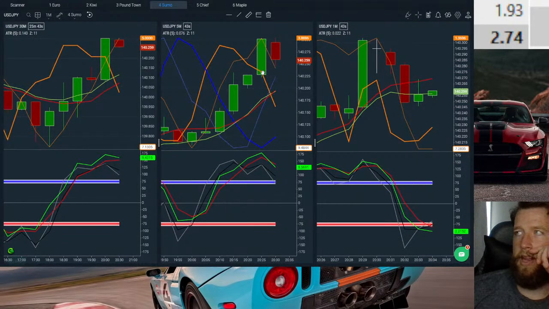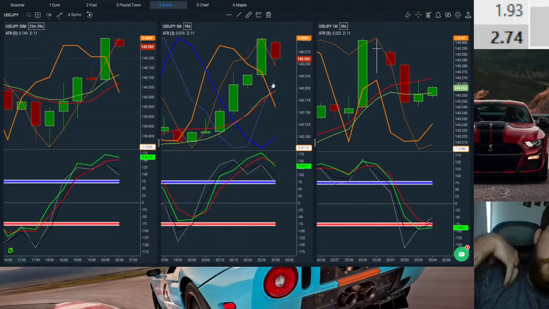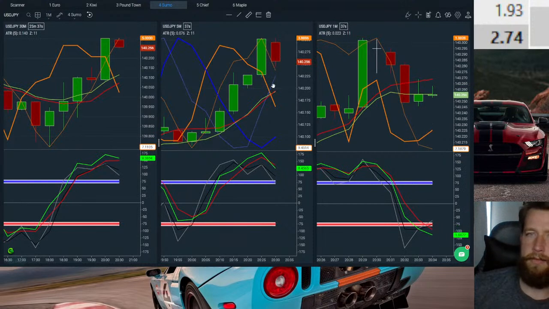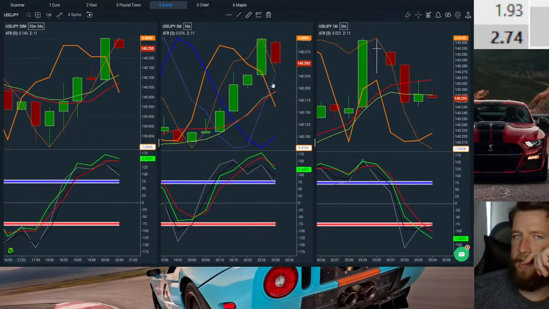I found I've had much better luck looking for trades that are going in the direction of the long-term trend, maybe near the end of a retracement.